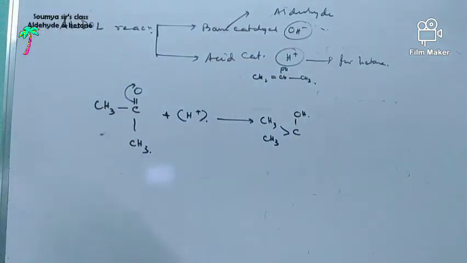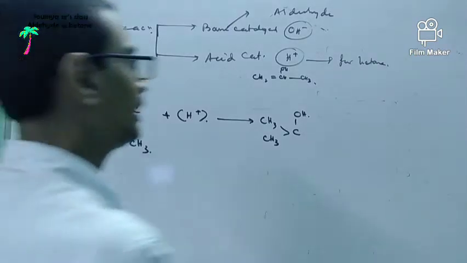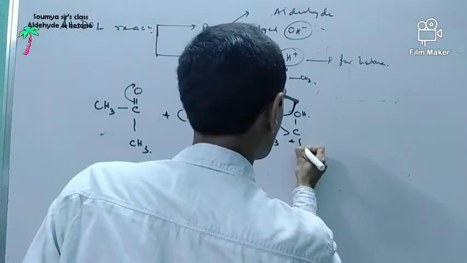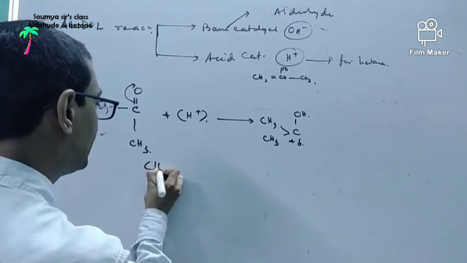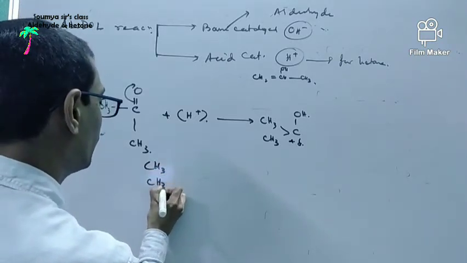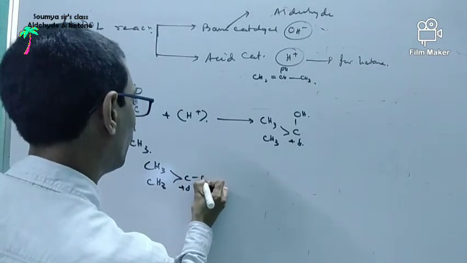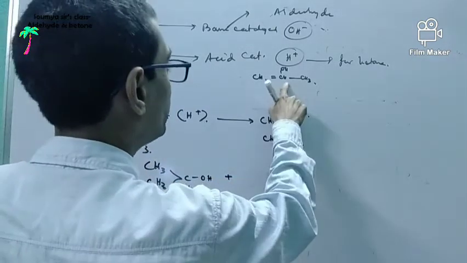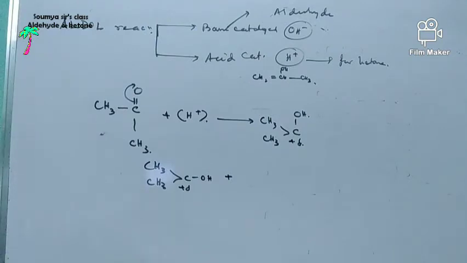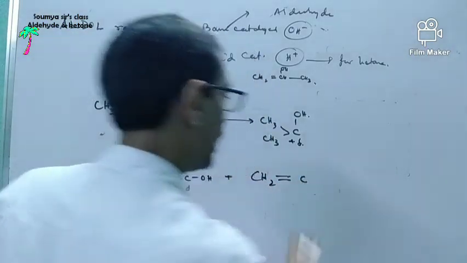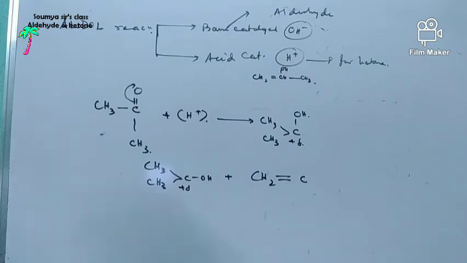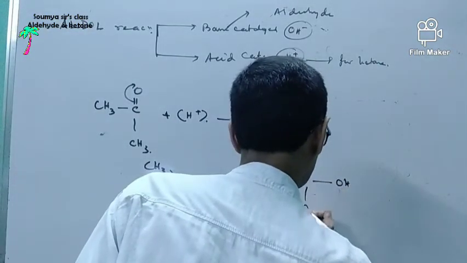Clear? So at first this CH3 C and OH, here the carbocation part or positive tail remains. In the next instance, when the CH3 C positive tail OH reacts with one enol form, that enol form is like CH2 double bond C and the remaining OH with CH3.